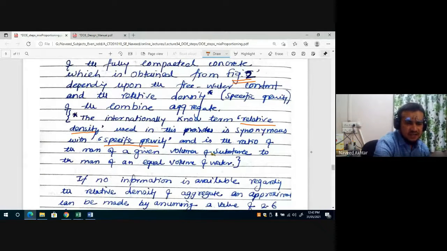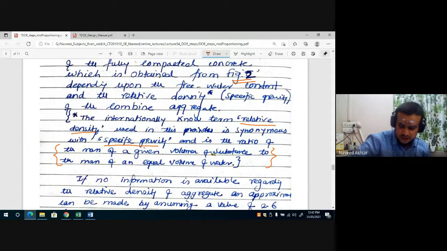The specific gravity is nothing but the ratio of the mass of a given volume of substance to the mass of an equal volume of water.